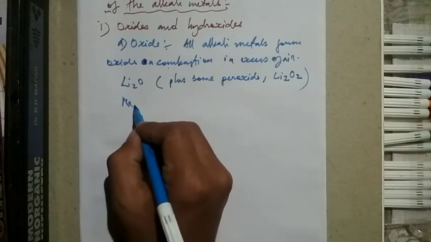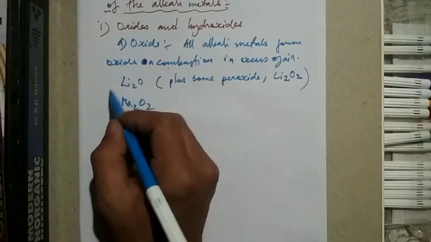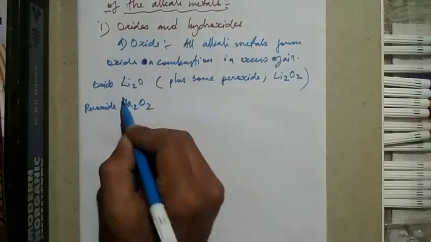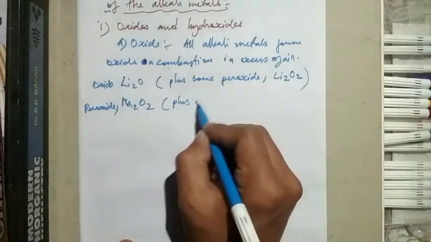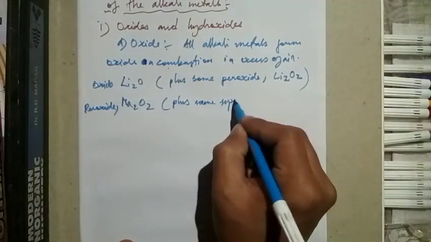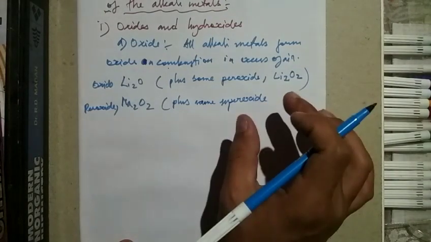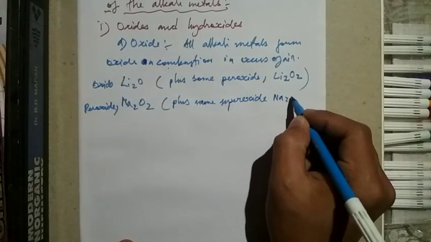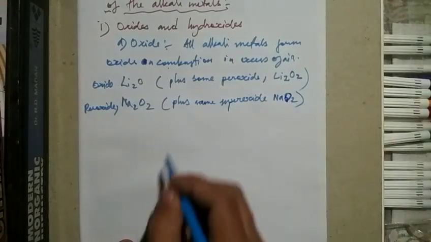Now sodium, we know that it exists in peroxide form, and in rare cases also as superoxide, NaO2.